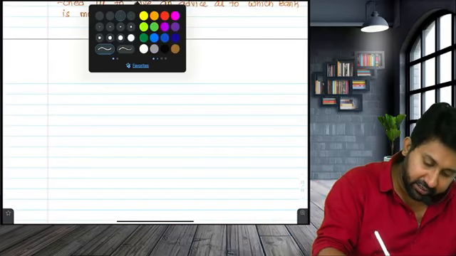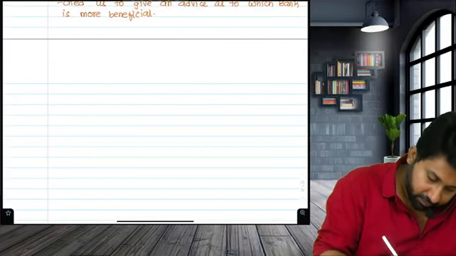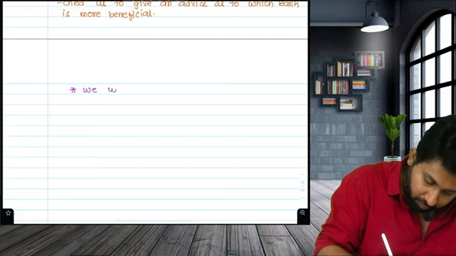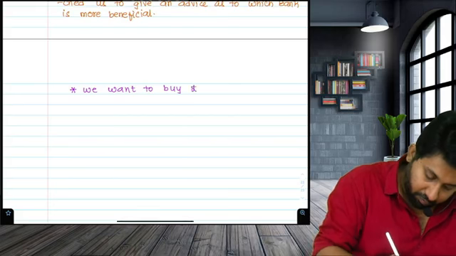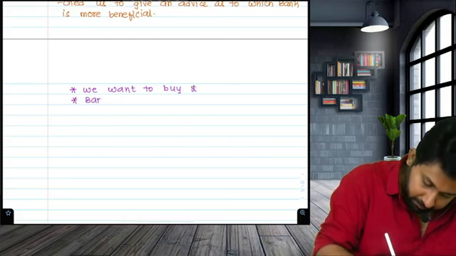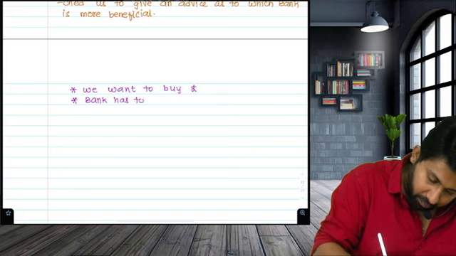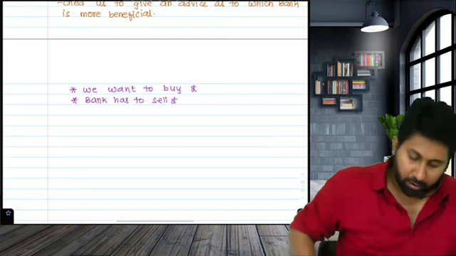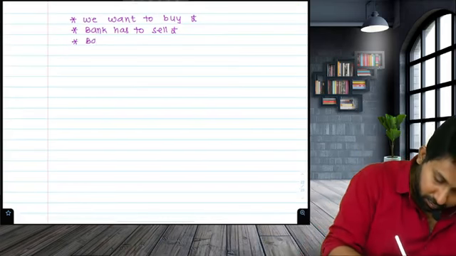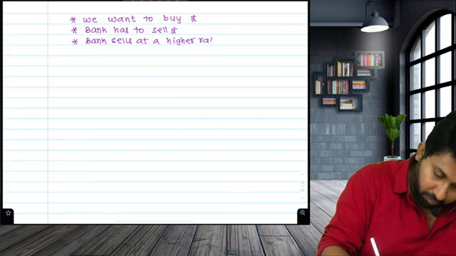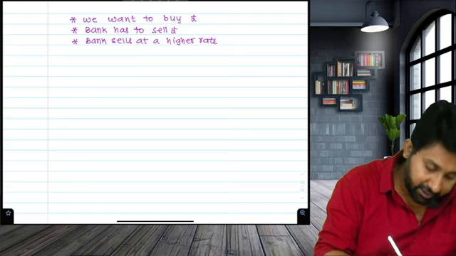First, let us write down the theory part clearly. We want to buy pounds. Bank has to sell pounds. Bank sells at a higher rate.